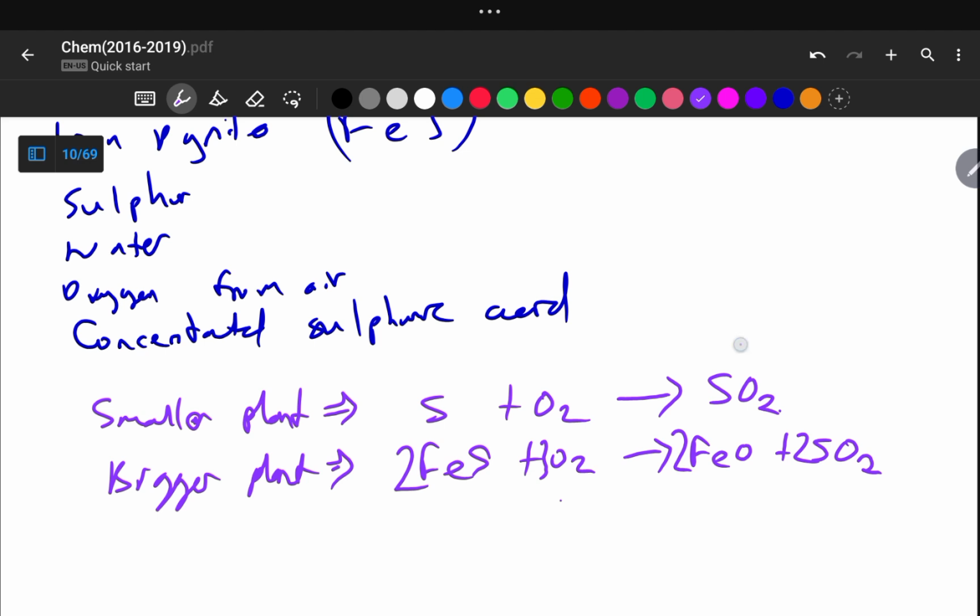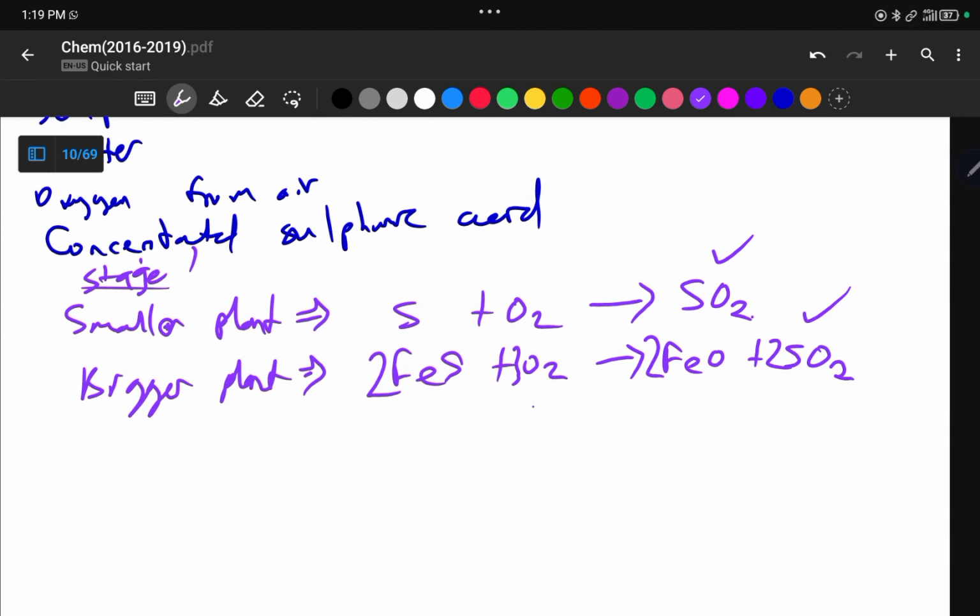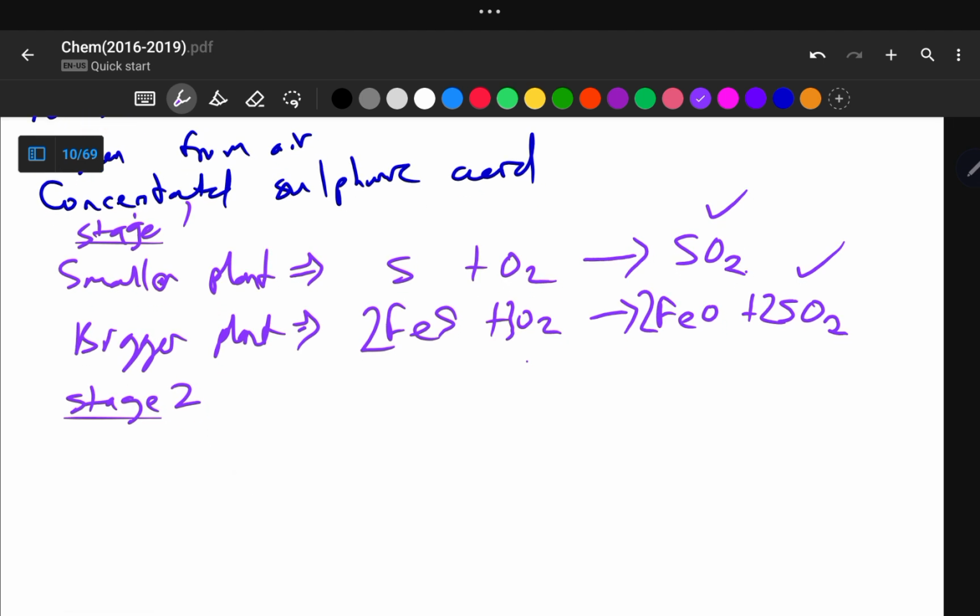So we are trying to form sulfur dioxide, right? So that's the main purpose of these two equations. So this is the first stage, stage 1, right? So this is done in four stages. So stage 2, there's the further oxidation of sulfur dioxide to give sulfur trioxide.